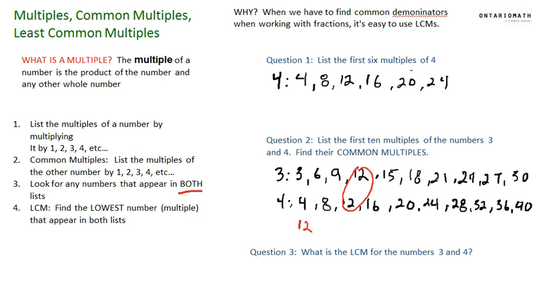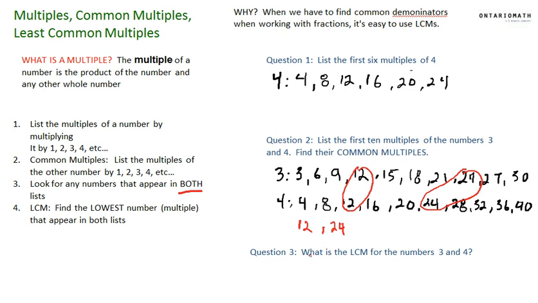Nope, nope. 21, no. Oh, I see 24 and 24. So 24 is a common multiple. And that's it. So there are 2 common multiples for 3 and 4, and it's 12 and 24 if we go up to the first 10 multiples.